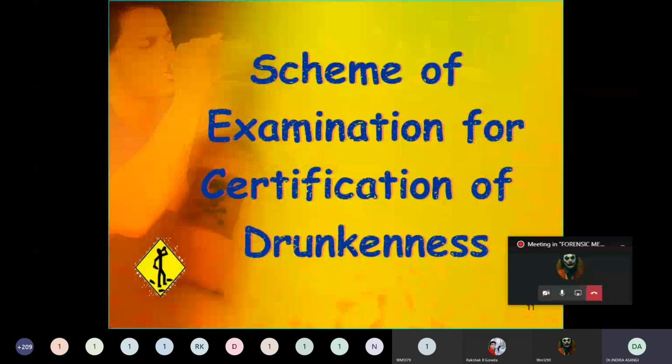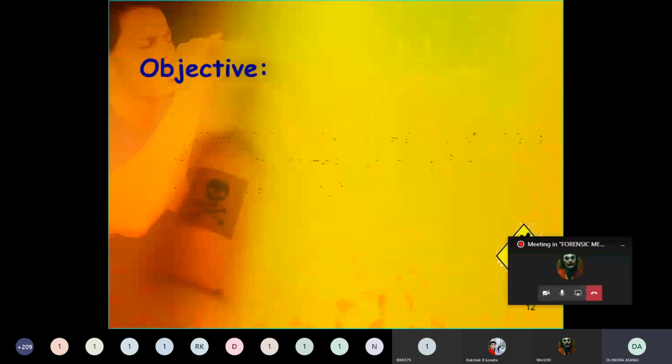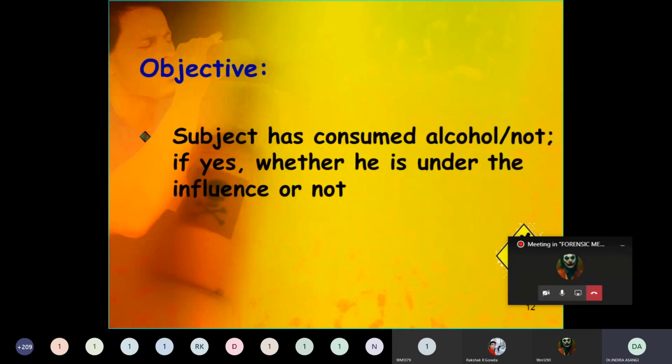Now next, coming to the scheme of examination for the certification of drunkenness. How to proceed with the examination? As I already told you, before certification, we need to examine the patient thoroughly. What are the main objectives of the examination? The first is whether the subject has consumed alcohol or not, that you will have to rectify.